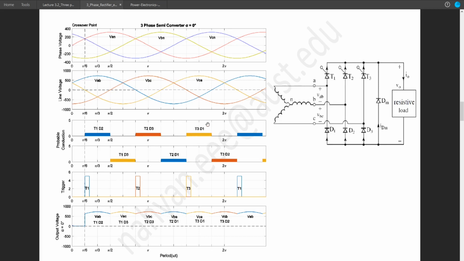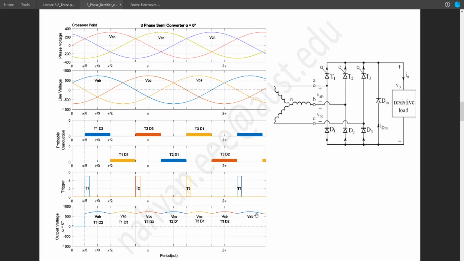After that we will have T3 and D1, hence VCA, and right after that T3, D2, VCB. Again VCB can be derived from VBC by flipping it here, and after that VAB will start again for the next cycle.